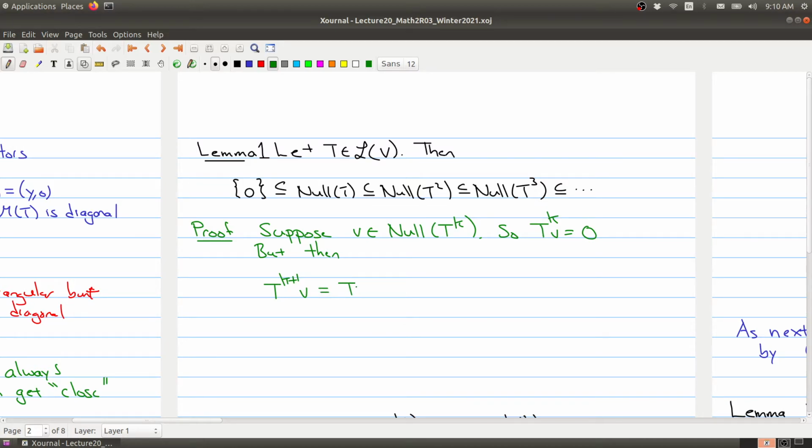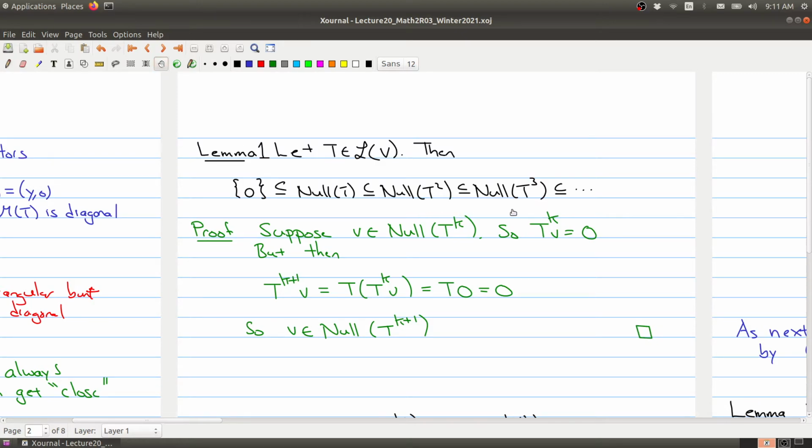Using the properties of composition of maps, this is the same thing as first evaluating v at T to the k and then evaluating at T. T to the k v is 0, so this is T evaluated at 0, and any linear map sends 0 to 0. So v would also be in the null space of the operator T raised to the power of k plus 1. Okay, so that finishes our first lemma.